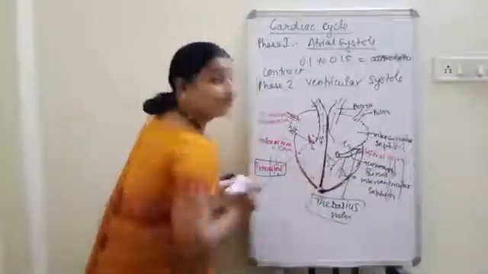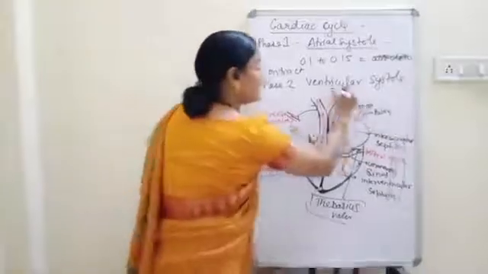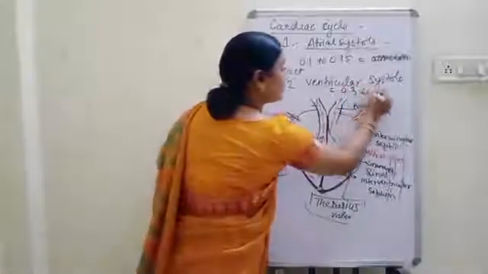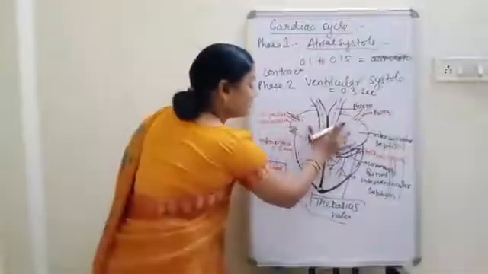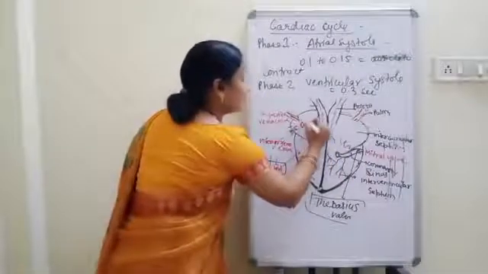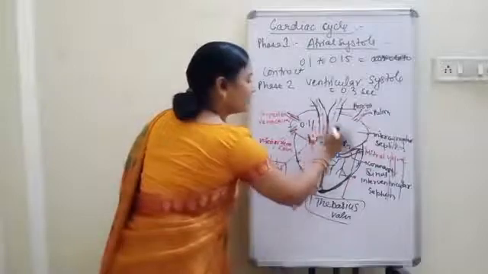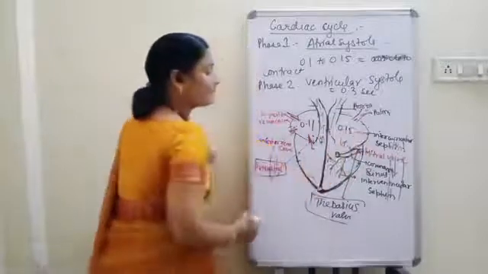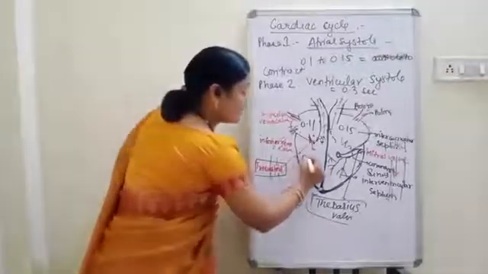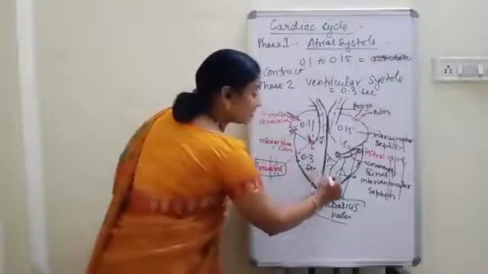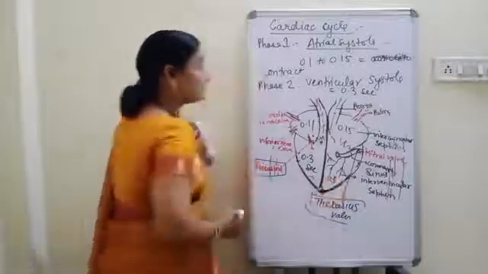This ventricle will contract and this will take 0.3 seconds. Clear? So how much time has this contraction taken? 0.1 or 0.15? How many seconds are required for this contraction? It needs 0.3 seconds.